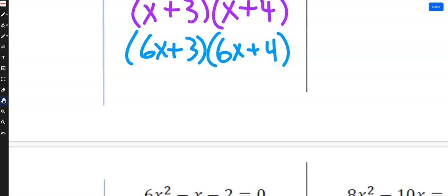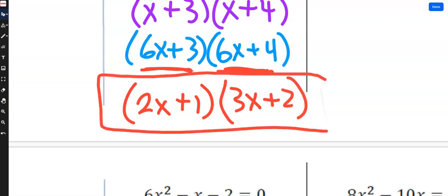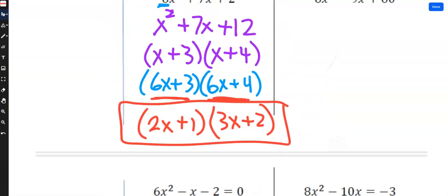Look inside the parentheses and see if there's something that can be taken out. Looks like I can take out a 3 out of that one, which would give me 2x plus 1. And in this next one, it looks like I can take a 2 out of that one, 3x plus 2. And guess what? Now I have my factored form of the original.